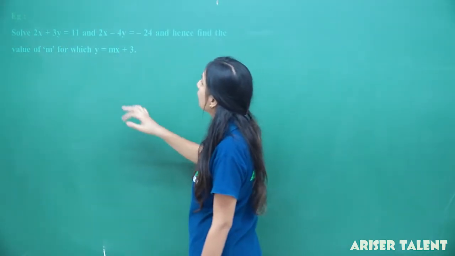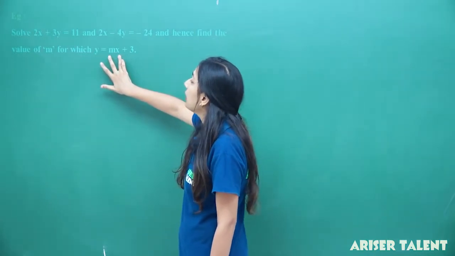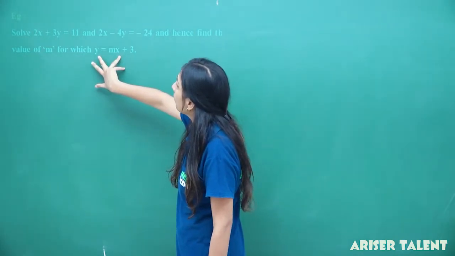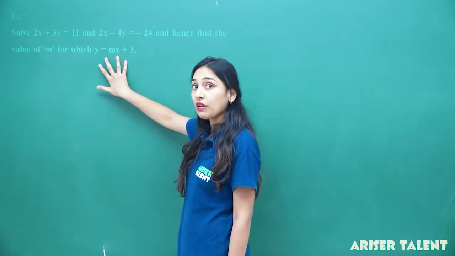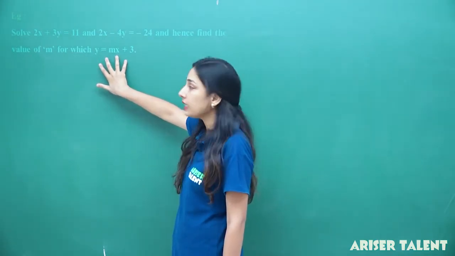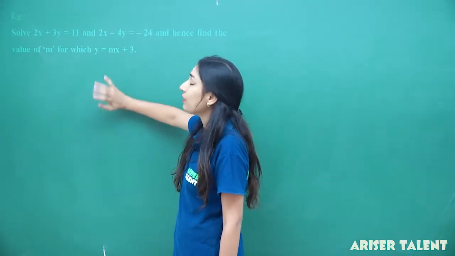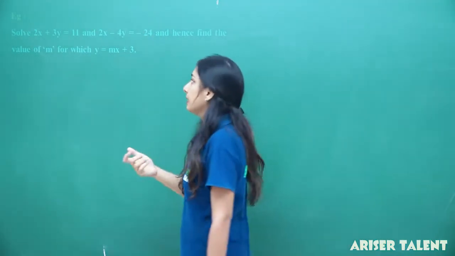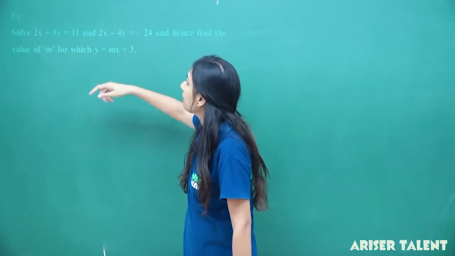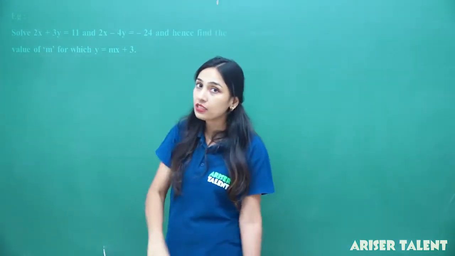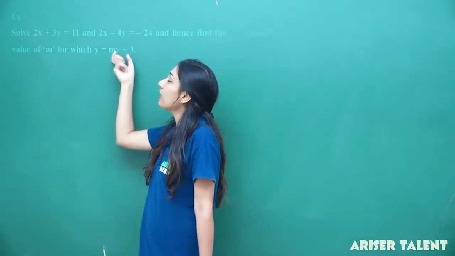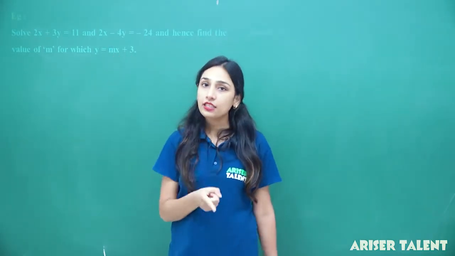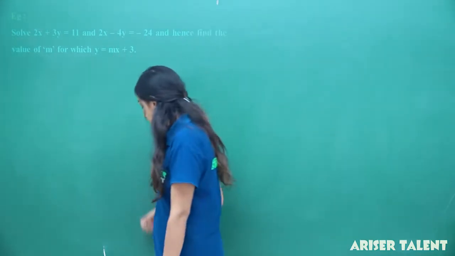From there I can have the values of y and x. Now, if I have the values of y and x, then I can simply find the value of m. So there is nothing extra, just that by solving these two equations you will get the values of x and y, and by these values you will have the value of m. Right? Start doing this question.